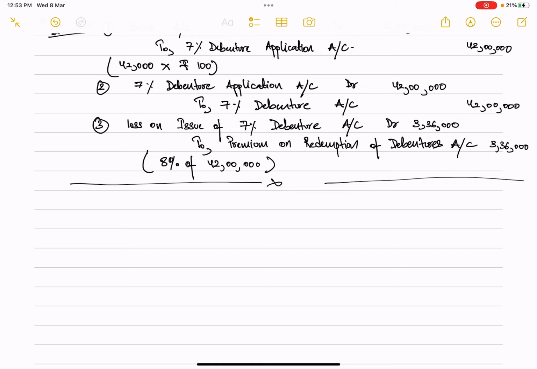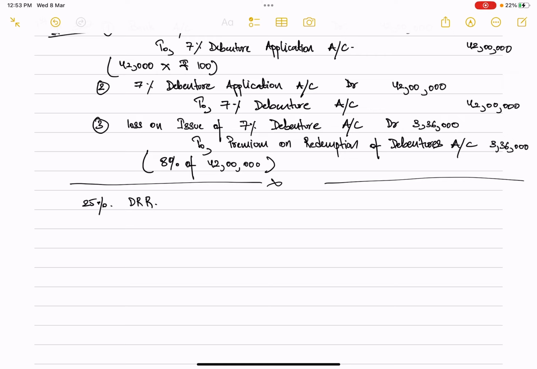The law states that at least 25% of the value of the debentures should be created as DRR. That is the minimum criteria, but the company can create this DRR up to a full 100% also. That is even safer for the company, and it will be well prepared to pay back its liabilities.